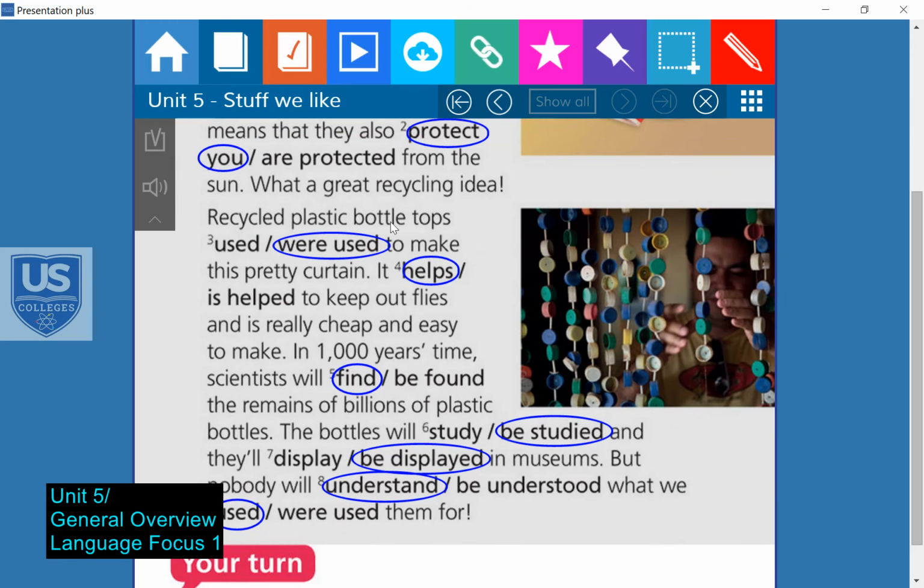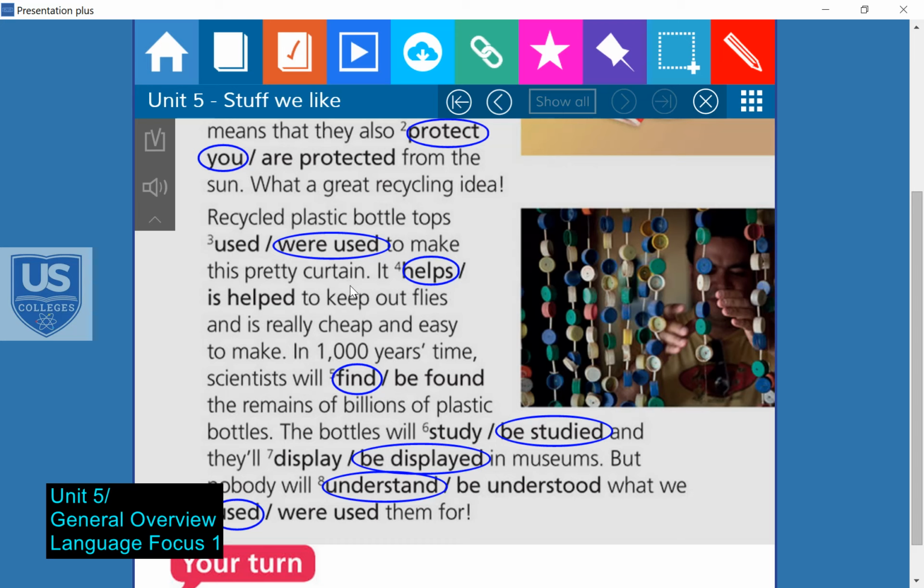Recycled plastic bottle tops, used or were used to make this pretty curtain. So here again, I need to decide whether to use an active sentence or a passive one. Recycled plastic bottle tops. So here, I conclude that this should be again a passive.